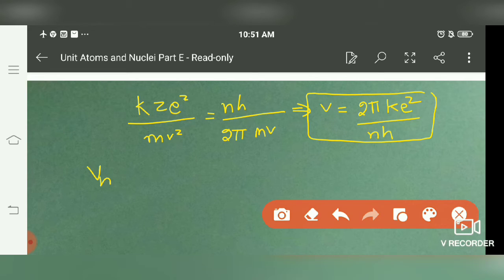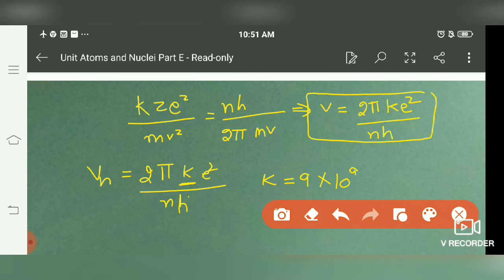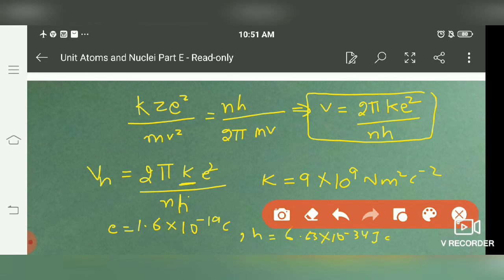We can also write it as Vn equals kZe² by nh, where n is the principal quantum number, k is 9 into 10^9 Newton meter square per coulomb square, the value of e is 1.6 into 10^-19 coulomb, h is 6.63 into 10^-34 joule second, and n is the principal quantum number, which can be 1, 2, 3, 4 and so on depending upon the orbit.